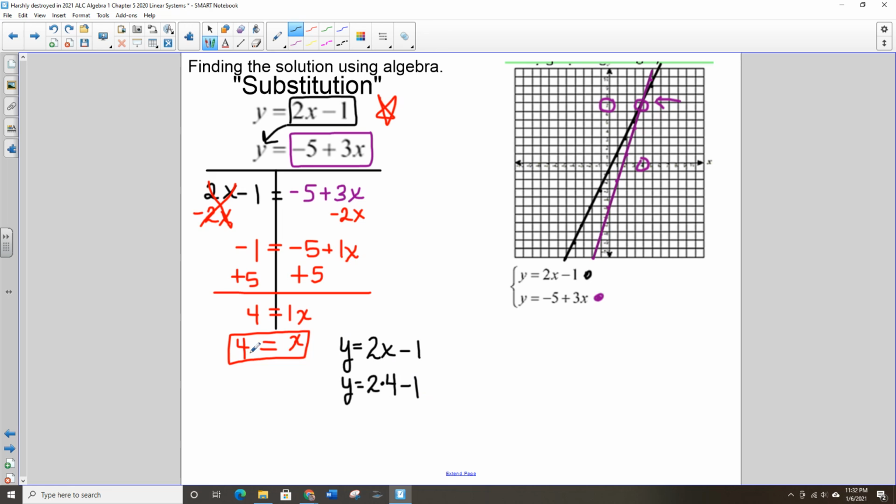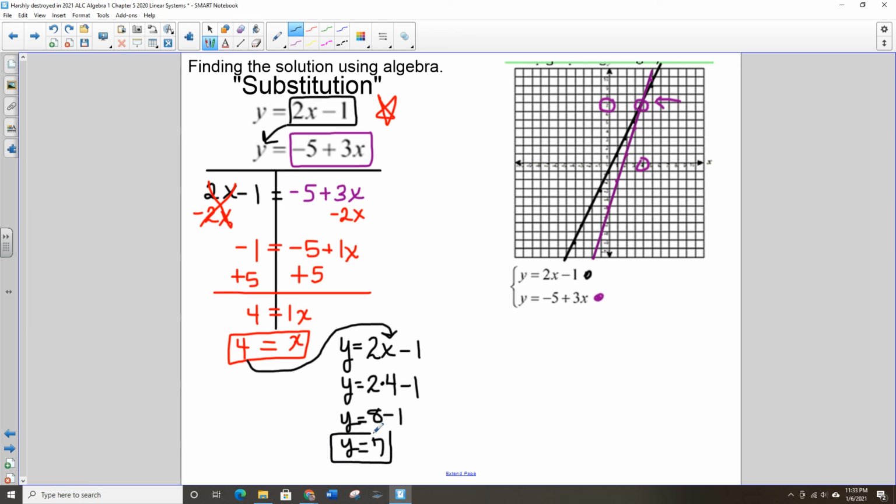All right, so we are plugging that 4 in for the x. And then are we going to do 2 times 4 first, or are we going to do -1? Hopefully you said 2 times 4 first. 2 times 4 is 8, and 8 minus 1 is 7. So, big final question.